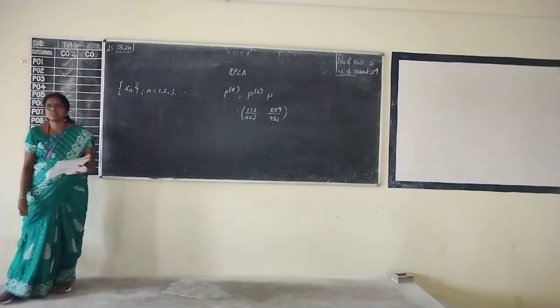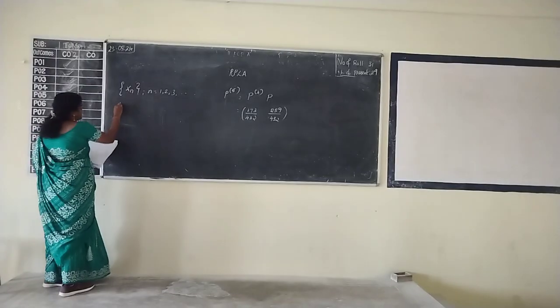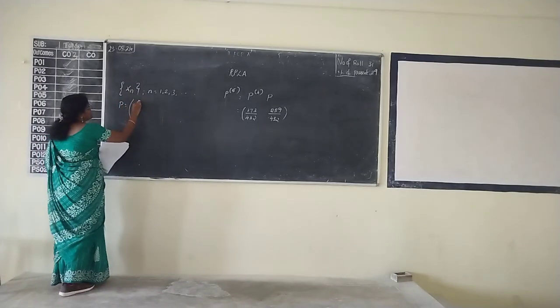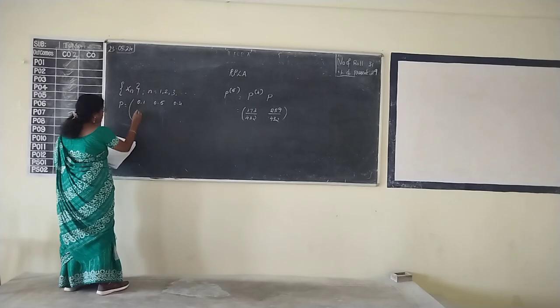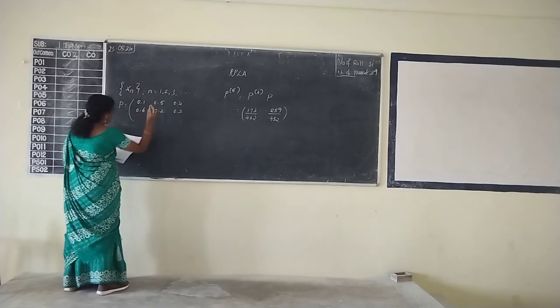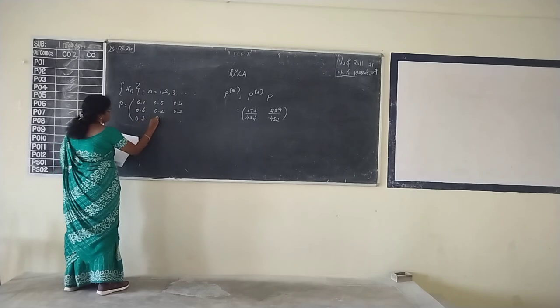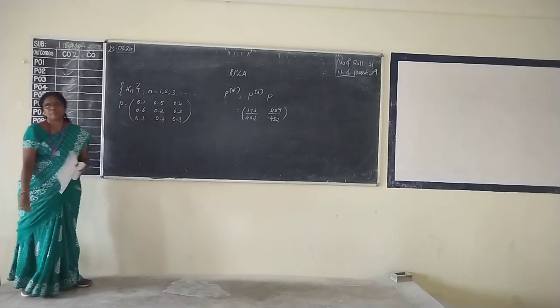Capital P equal to: first row 0.1, 0.5, 0.4. Second row 0.6, 0.2, 0.2. Third row 0.3, 0.4, 0.3. This is the corresponding TPM.